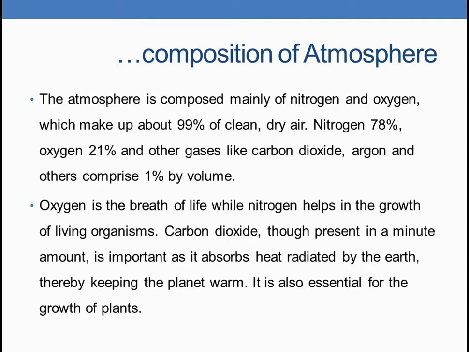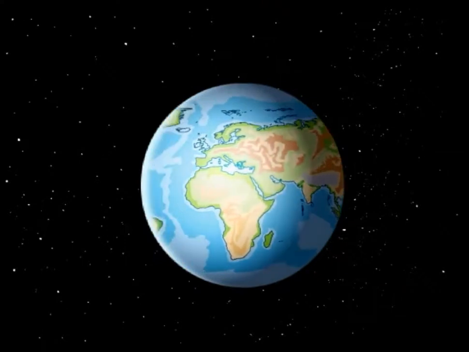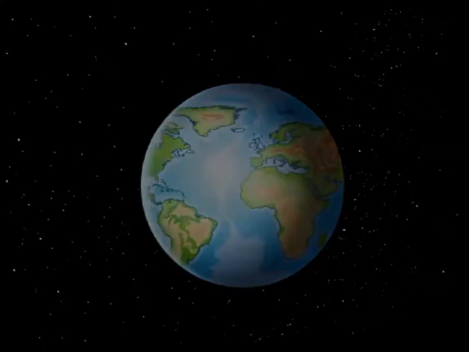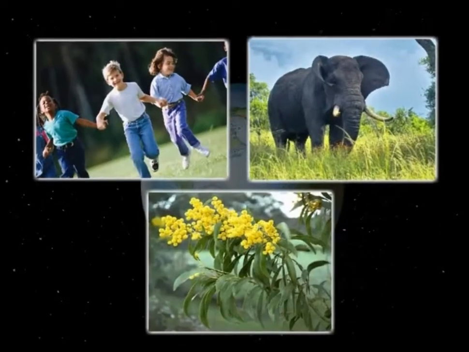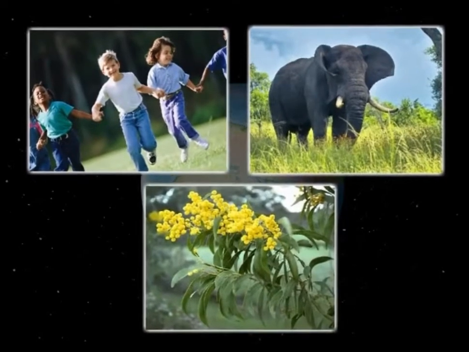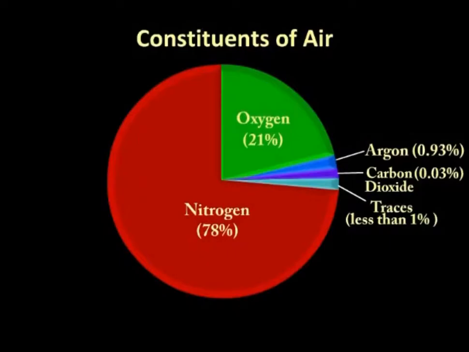Next, let's see the composition of the atmosphere. Earth is the only planet in the solar system that has an atmosphere to support life. Take a look at this pie chart. The main constituents of air are nitrogen, oxygen, argon, carbon dioxide, and traces of other gases. Let's discuss the properties of these gases one by one.